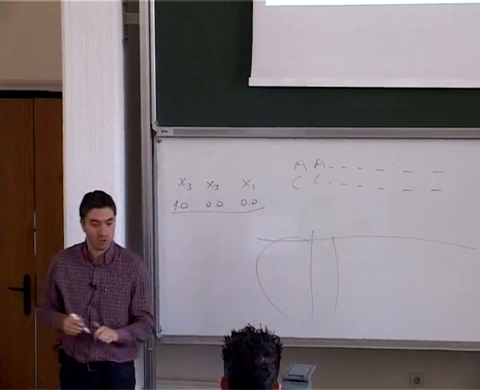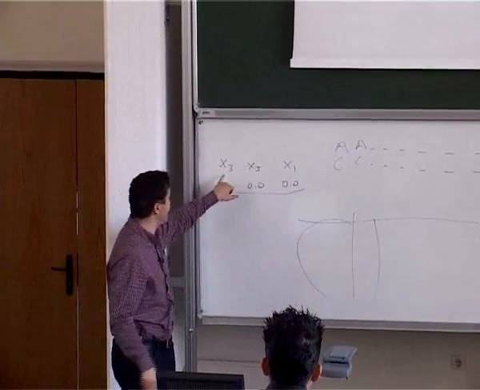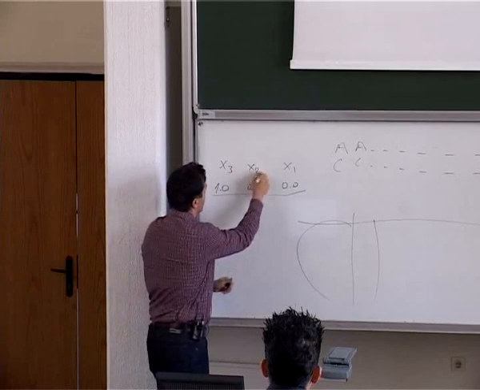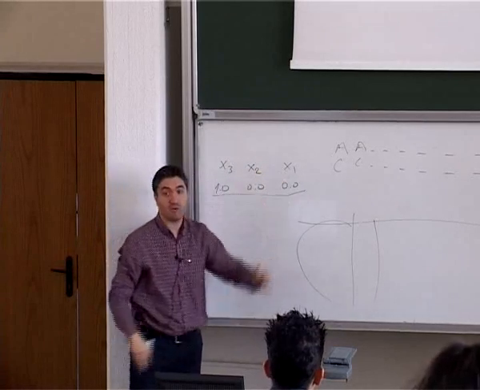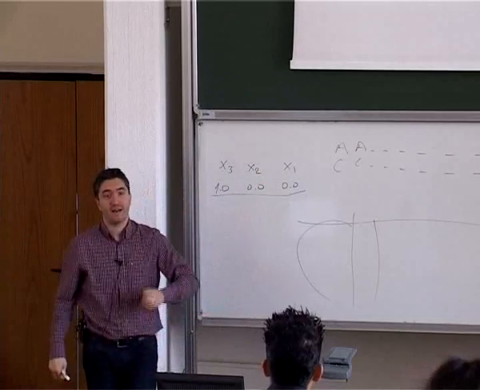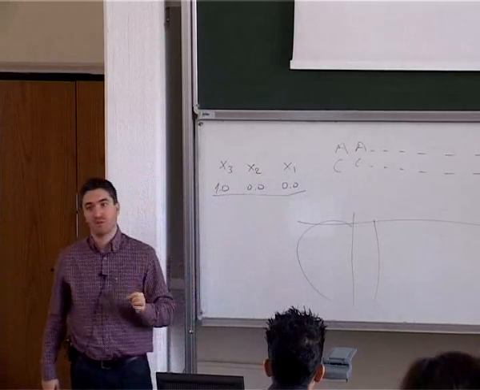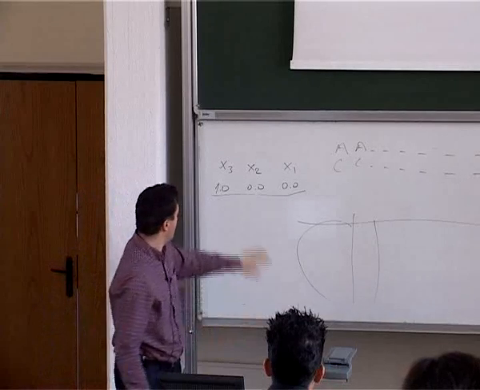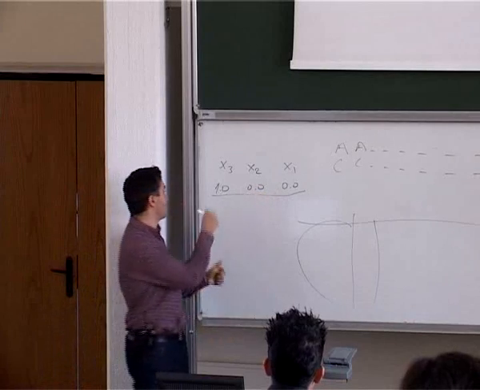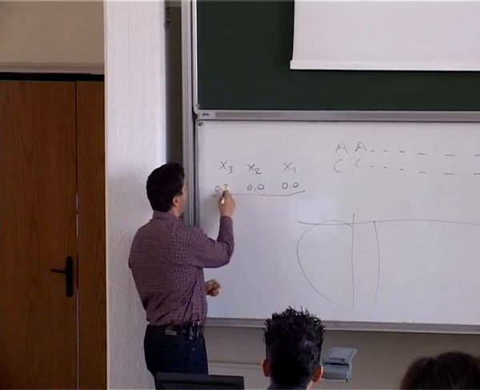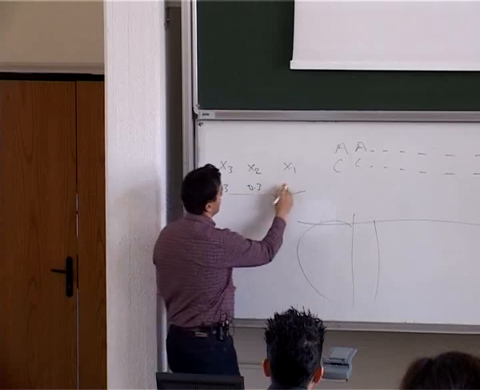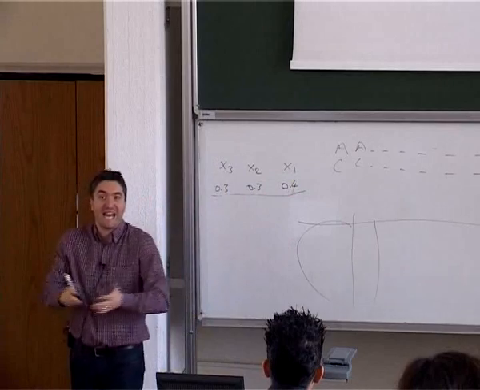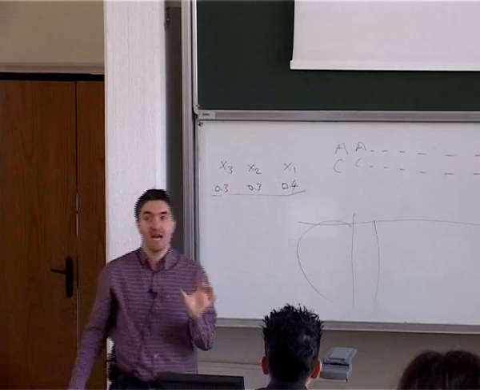So the probability of starting at state x3 is 1. It means that at the start, we are 100% sure that we are going to start at state x3. This could have been any other probability distribution. We could have something like 0.3, 0.3, 0.4. It's almost equally likely to start at any state. So we have a starting probability.